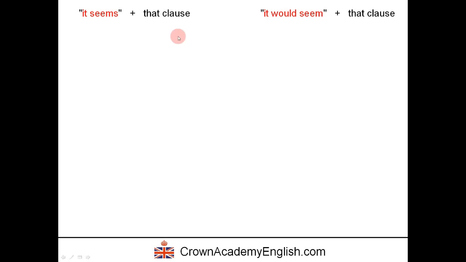Now we have this expression. It seems followed by a that clause. And also we have it would seem, no s, followed by a that clause. The meaning of these two is the same. And we use it to suggest that something is true.